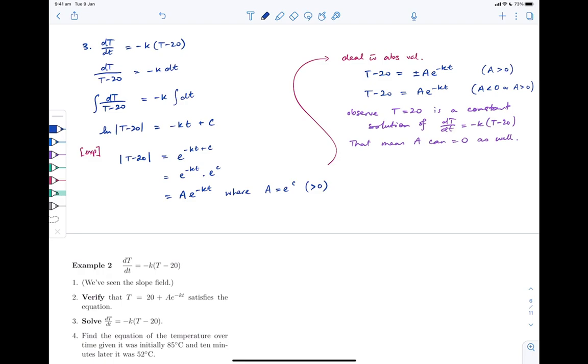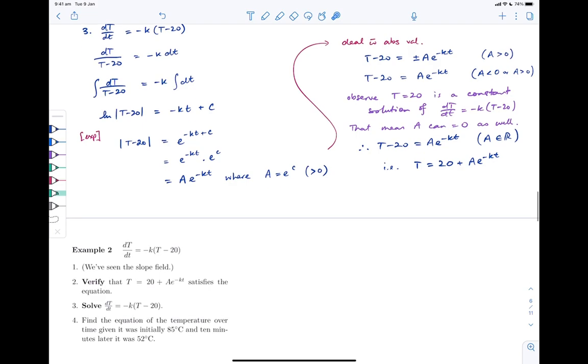Therefore t minus 20 equals A e to the negative kt, where A is any real number, positive, negative, or 0, i.e. t equals 20 plus A e to the negative kt. That's what we were asked to find, and we found it. It's very nice mathematics. This is all a bit complex, and a student who's deriving this in an exam is not expected to produce as much detail as I have here, but of course it's important in the teaching.